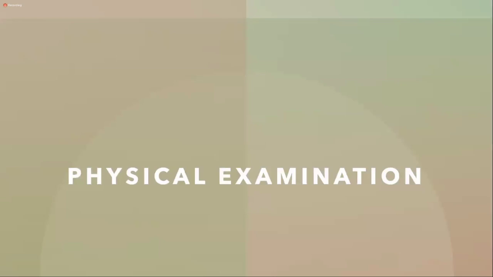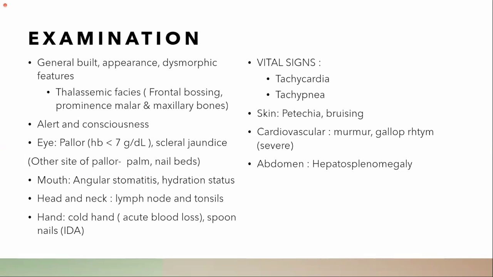So next, okay, for physical examination. In general examination, I want to look at the general look of the patient. Is the patient of short stature, a normal child, and so on. The appearance and also dysmorphic features. For this, we want to see any thalassemic facies like frontal bossing, prominent malar, and maxillary bossing. Okay, and look for the child's alertness and consciousness, and check the eyes for any signs of conjunctival pallor.